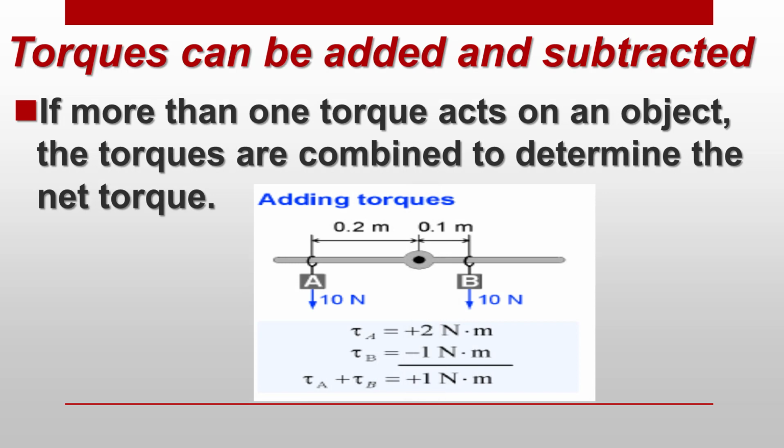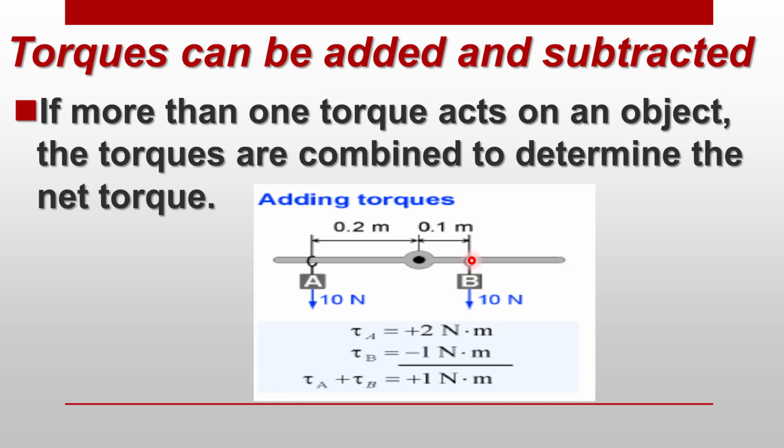You can see over here that if two forces are applied on the same body, then we can add these two torques. Let's say this is the center of rotation, and one force is applied at this much distance, so it is producing a torque in the clockwise direction, so this torque will be negative. So clockwise torque is negative.